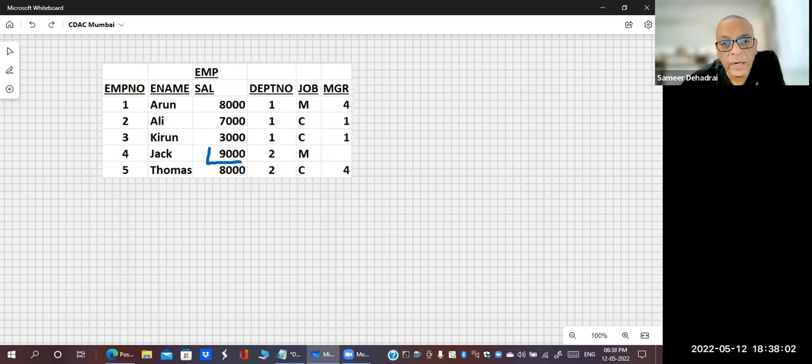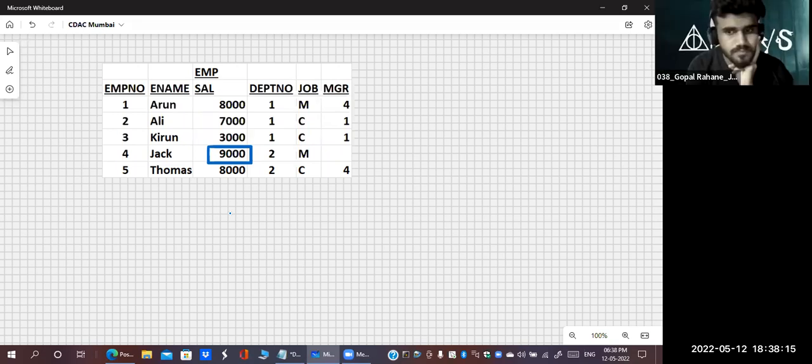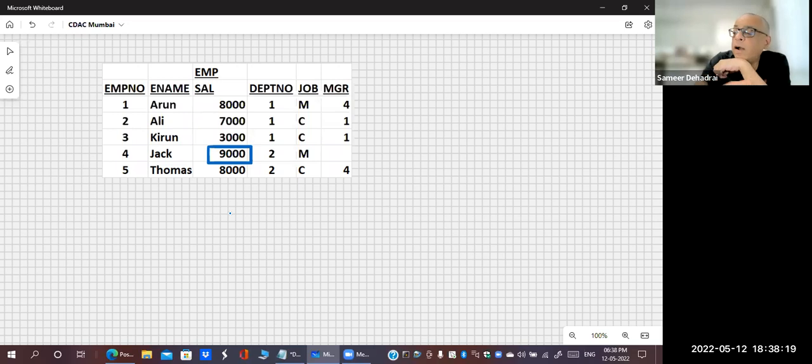How to find out the maximum sal? You will select max of sal from EMP, will give me the maximum sal. In our case, it is 8,000. That everybody knows. But suppose I ask you to find out the second largest.